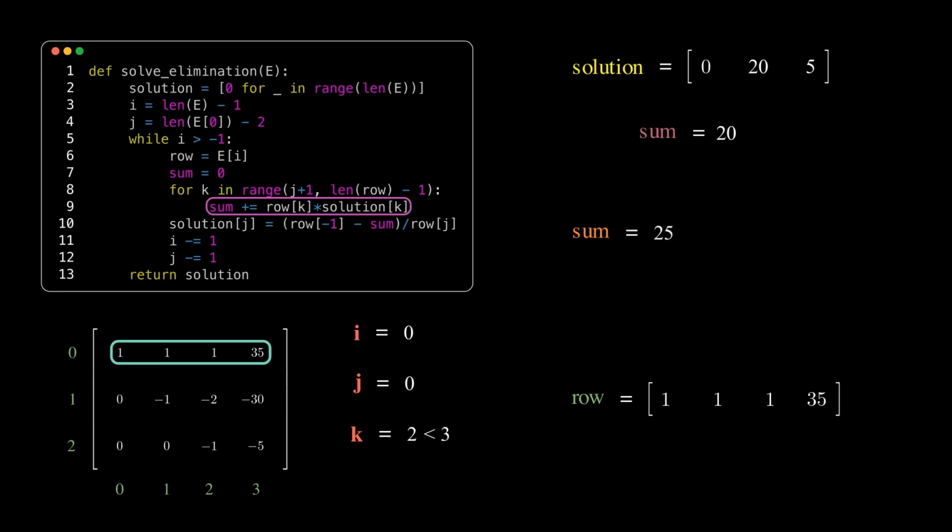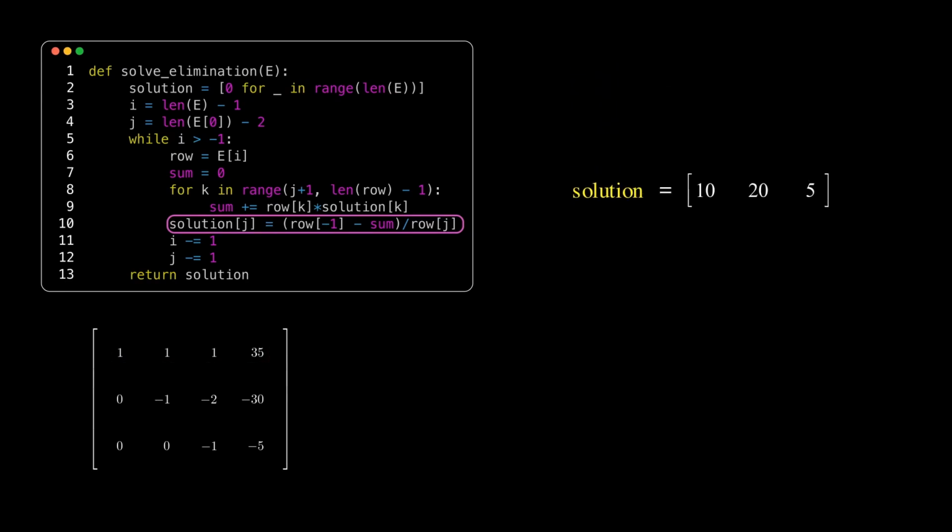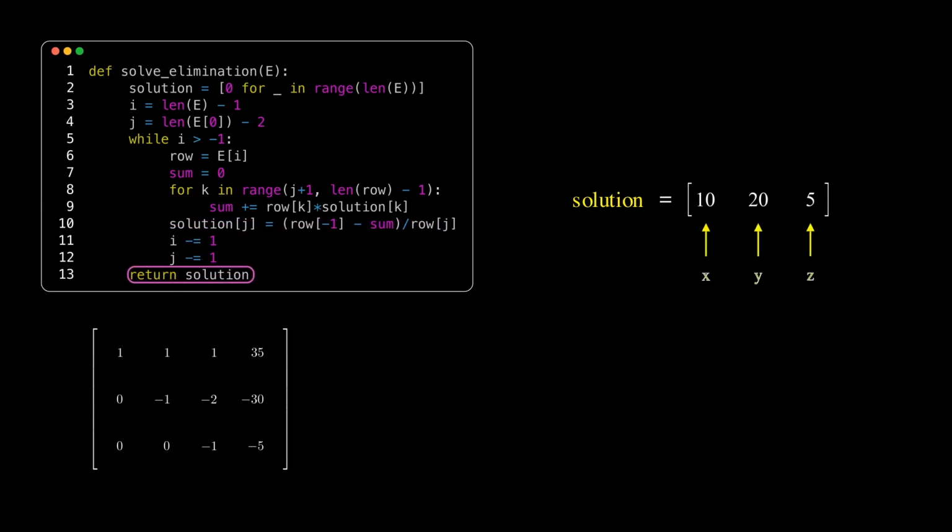This gives us the required value of sum. To calculate the last variable, we subtract the sum value from row[-1] and then divide it by row[0]. Thus, solution[0] comes out to be 10. Hence, the value of x equals 10. Now we have the value of each variable, and this becomes our final solution.